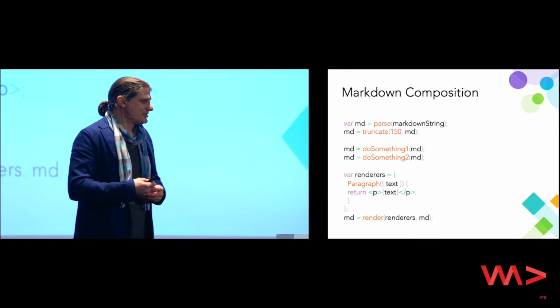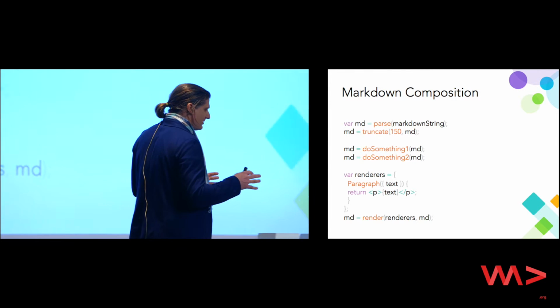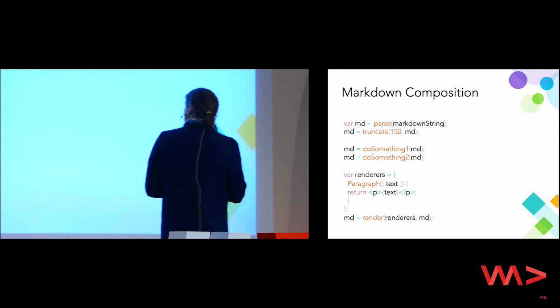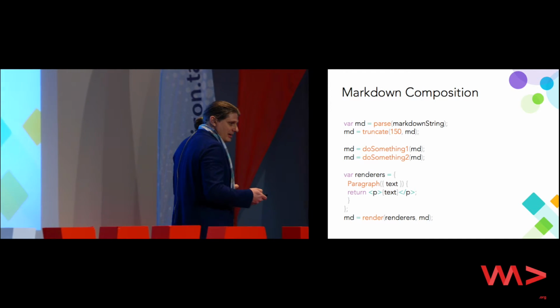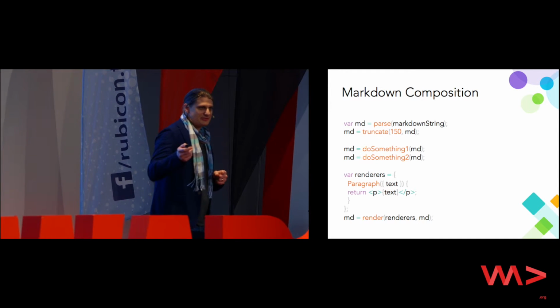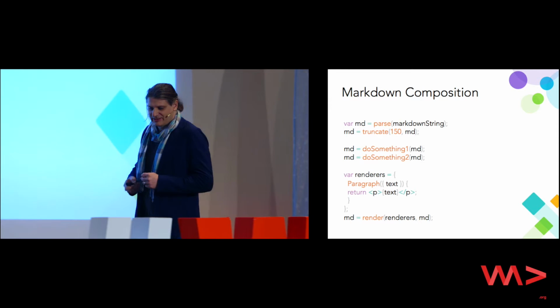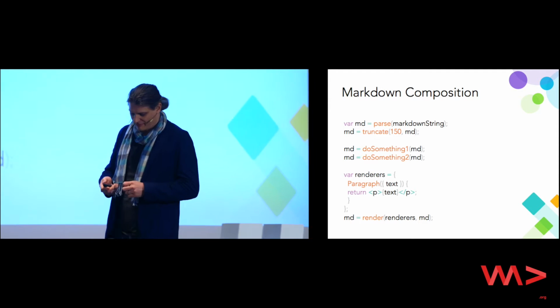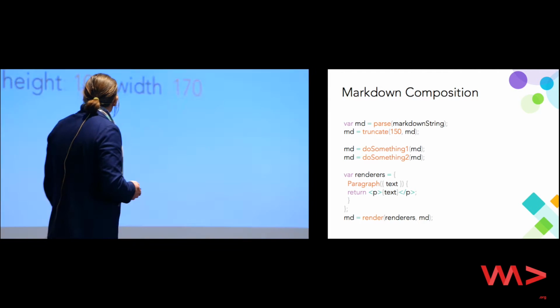So composition is really about having these two things separated, the stuff that changes the data and the data itself. And who knows Redux or uses Redux already? Also a couple of people. So basically that concept is separating the data from the functionality, and it's working great with React.